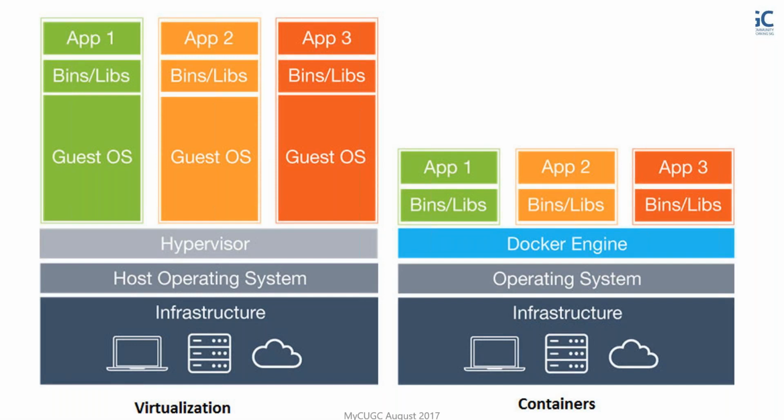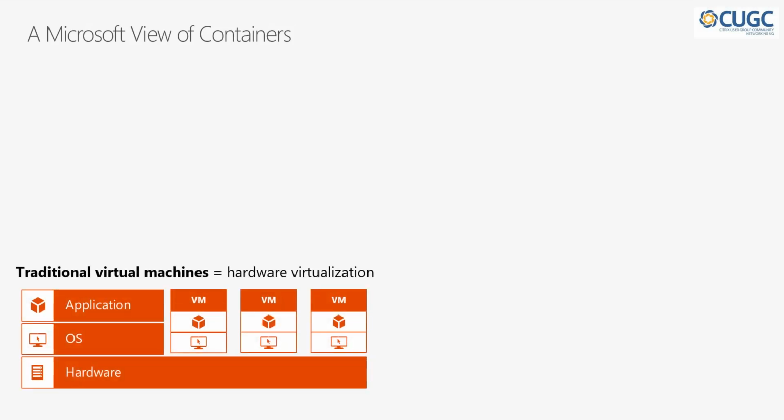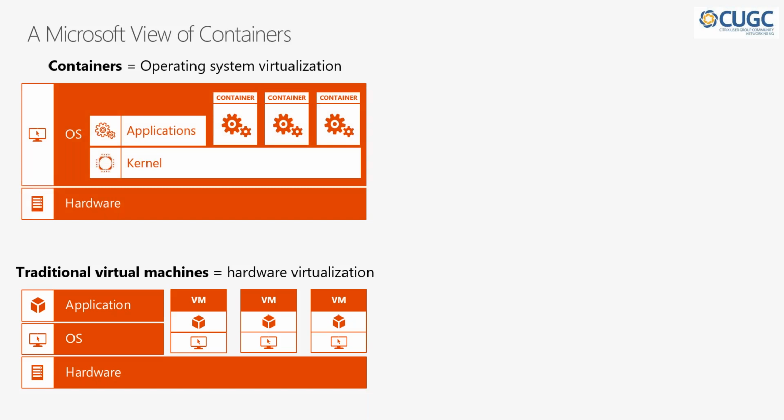Okay, so if we look at a Microsoft view of containers, Microsoft pictures them like this. Microsoft says, okay, traditional machine, again, the application, the OS, hardware layer underneath, and then each VM. All right? If you take a look at containers, it's saying, okay, you got the hardware layer, but inside of the OS layer, we're going to throw the applications and the kernel all in there together, and then the containers are going to share those resources off the kernel.